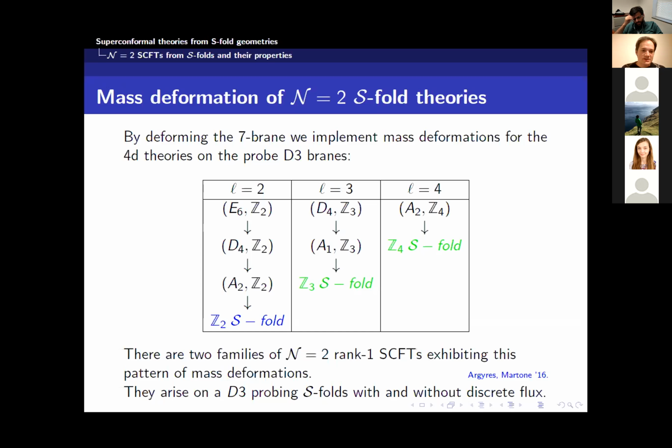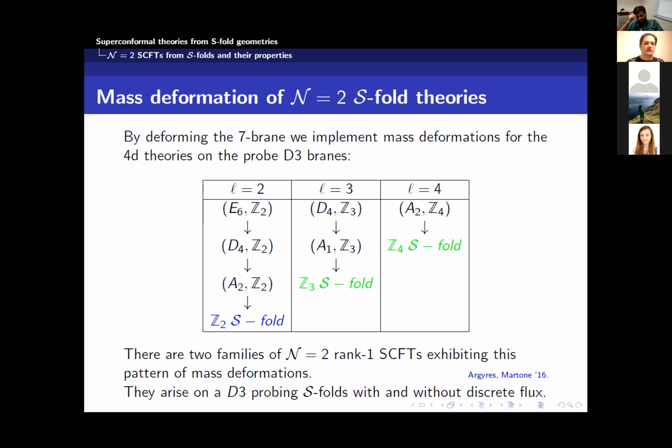So one class, which is basically a discrete gauging of the standard one-instanton theories, lands on S-folds without the discrete flux. Those which are not, the rank 1 theories which are not discrete gaugings of anything, like for instance the C5 theory, instead can be mass deformed to S-fold with flux. So this ingredient survives the introduction of 7-branes.